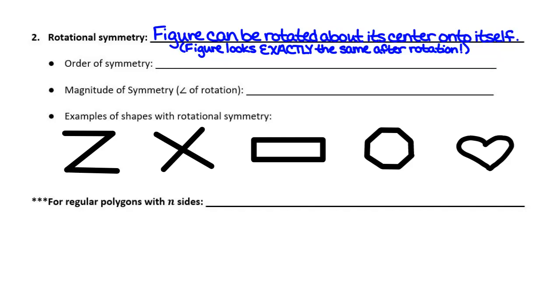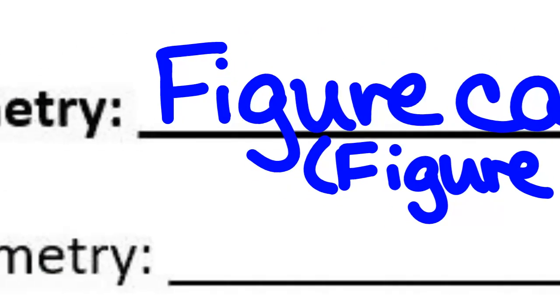It'll just spin around in a circle there. If the figure lands exactly on top of itself, then we say it has rotational symmetry. The number of times that I can make it land on top of itself until I get all the way back around to where I started, that's what the order is.